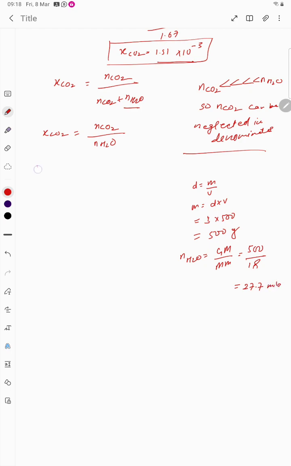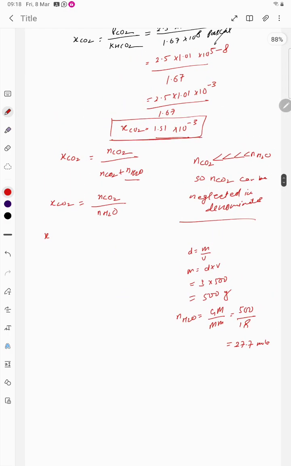Here we can plug in the value. X_CO2 we have already calculated. So 1.51 into 10 power minus 3 is equal to n_CO2 upon 27.7. So n_CO2 is equal to 1.51 into 10 power minus 3 into 27.7.